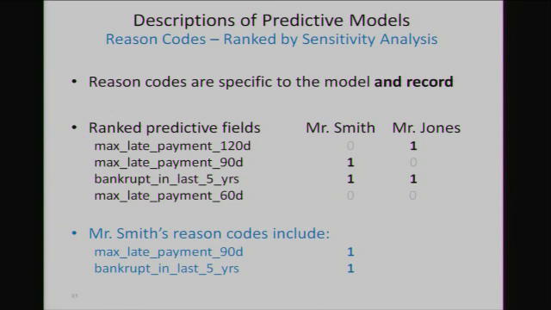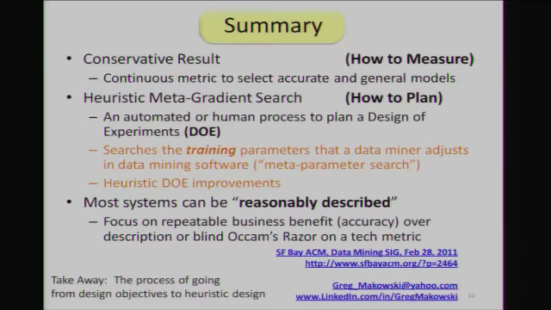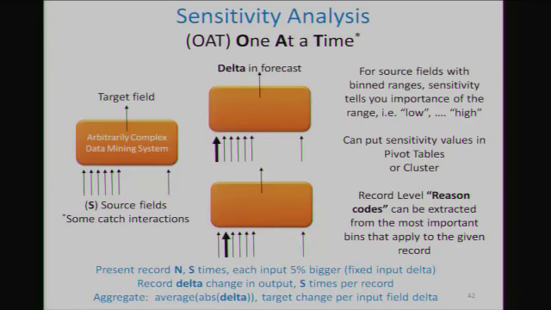You just have to vary the fields one at a time, and you've got the interactions. Even though you're varying the fields one at a time, if your fields catch interactions, then the sensitivity analysis will catch the interactions.